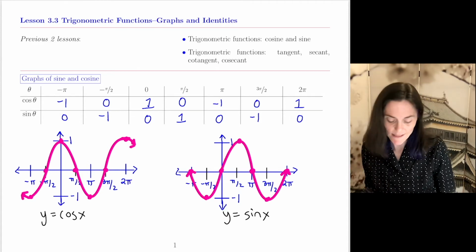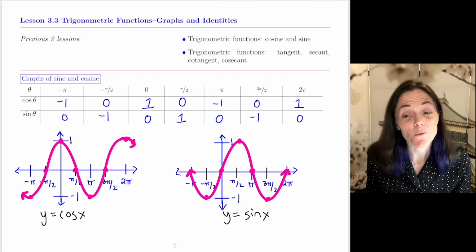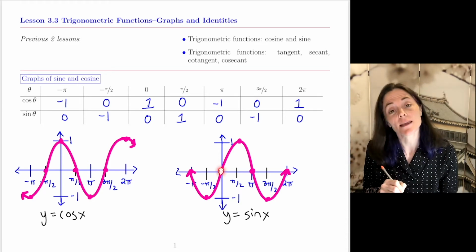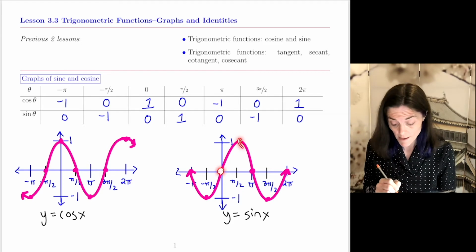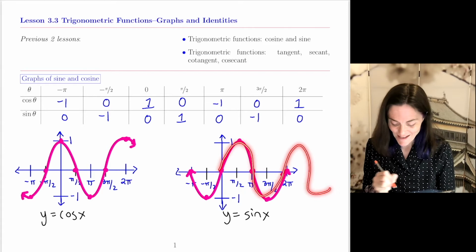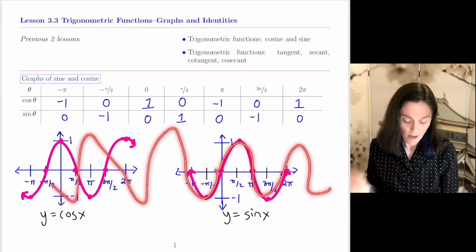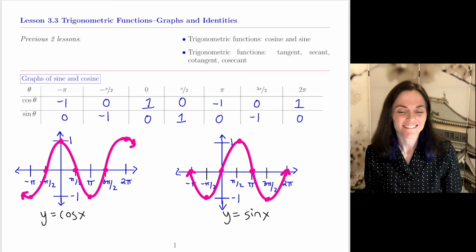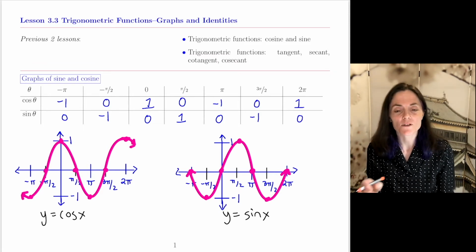So this will look something like this, and this pattern continues. The way I remember sine, once again, starting at 0, it goes 0, high, 0, low, 0. But this pattern will continue in both directions, repeating. These are the basic shapes of these graphs.